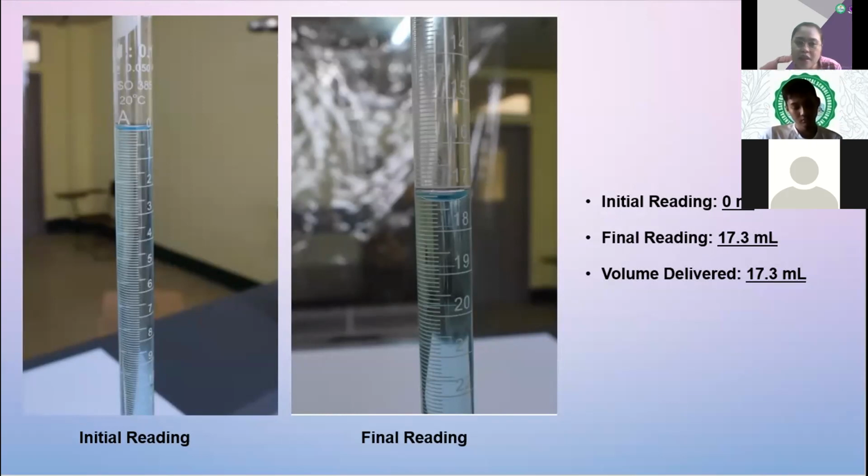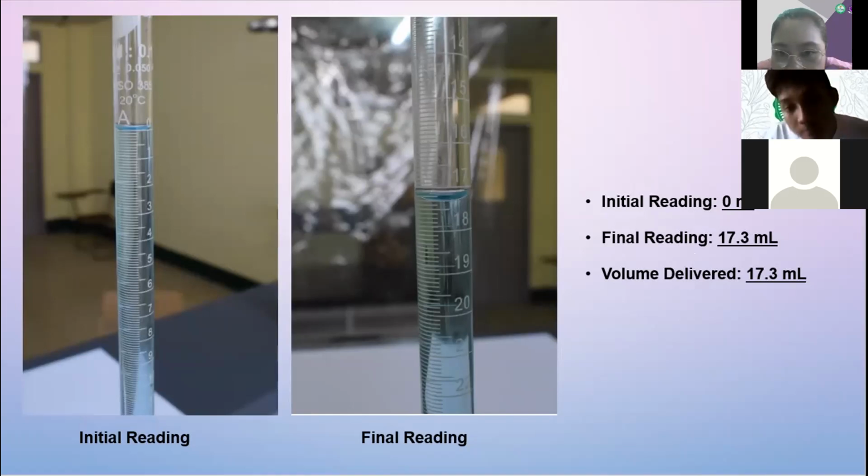Just like this one, kasi the lower meniscus really sits on the 0 mark. And then the final reading here sits on 17.3 ba yan? 17.2. Hindi ko siya maklaro. 17 yan, 0.1. This should be 17.2.